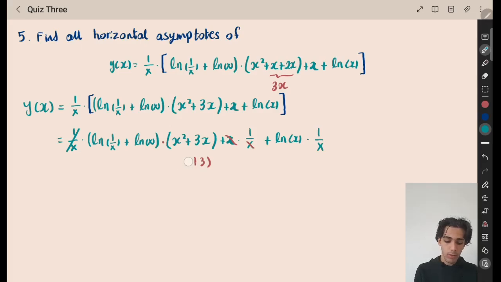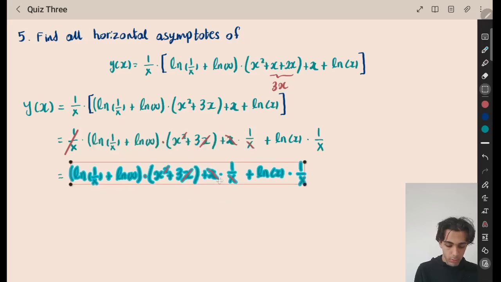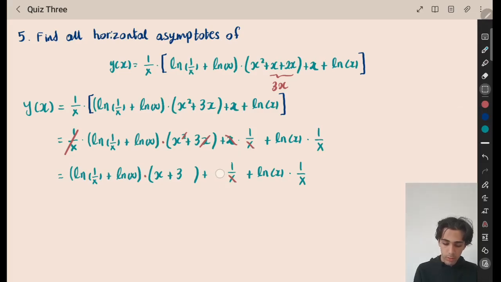But I will not write this part down, I'll just do it like this. I hope that is okay. And then I have something fairly more reasonable, which looks like the following. X plus 3. This is just 1.